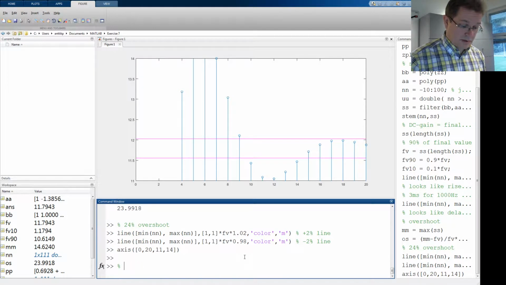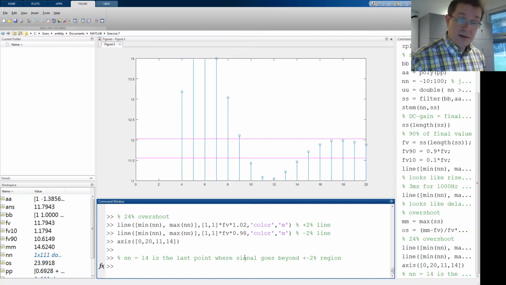So n equals 14 is the last point where the signal goes beyond the plus minus 2% region, meaning that the settling time for 2% is then 15 time steps.